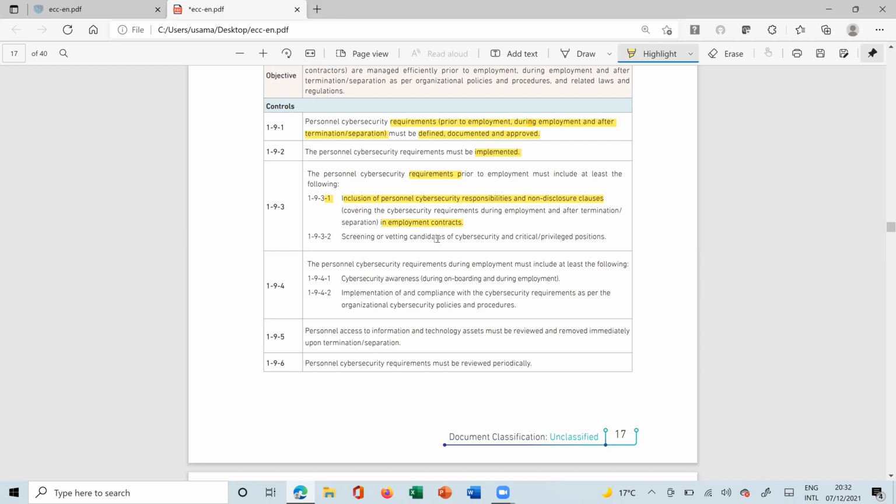This is very important because usually we will have awareness sessions and provide them to users, but we are not caring, and some of them are not attending. But when these responsibilities are defined in the employee's contract with the NDA clauses, this means that he has to read it very carefully.